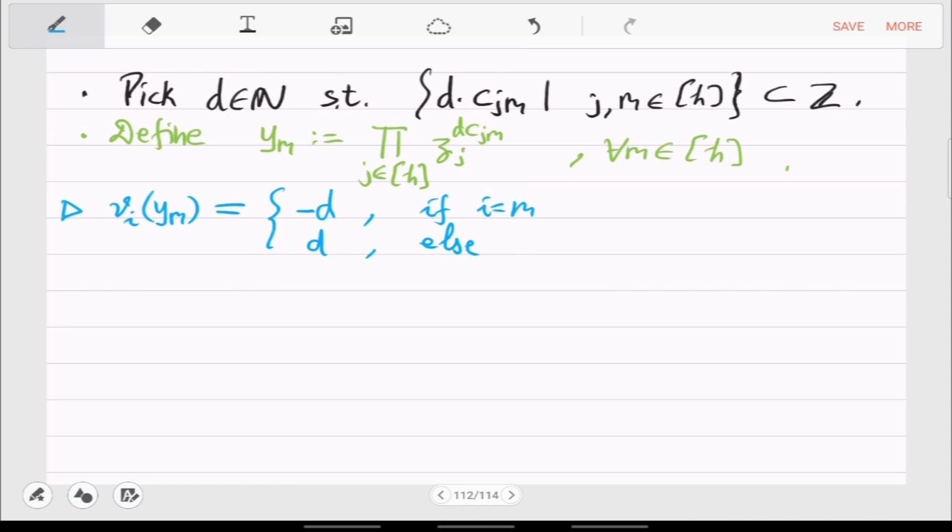Fine, this is the point of this design. So we have found these y1 to yh such that when we look at their valuations v1 to vh, they are a sequence of minus d and plus d. Is that clear? And finally, another mysterious design of a rational function, which is xm, which will be (1 plus ym inverse) whole inverse.